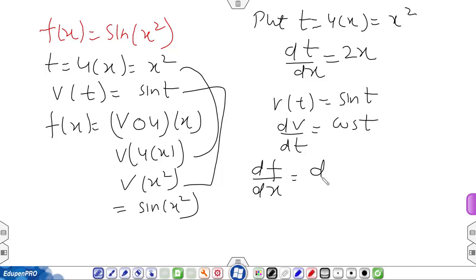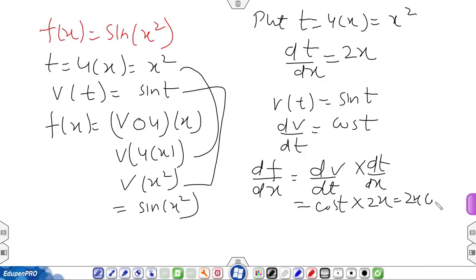Write the formula dv by dt into dt by dx. dv by dt is cos t and dt by dx is 2x. So your answer is 2x into cos t. Express the final result only in terms of x. So in the last, replace your t by x square from 1.